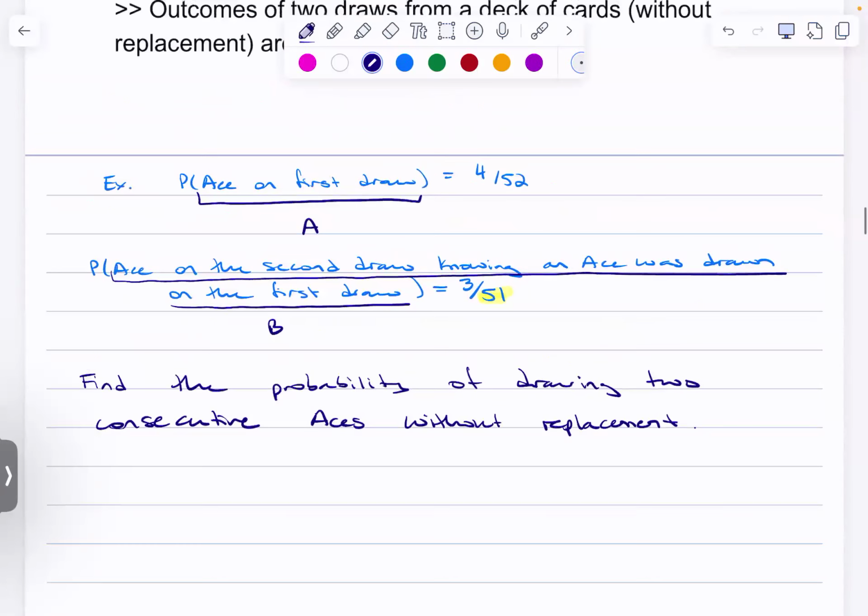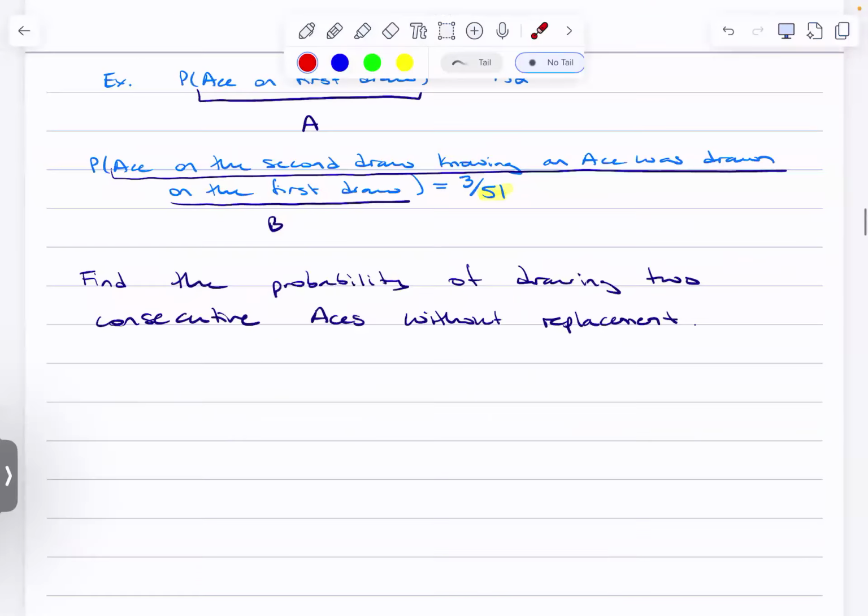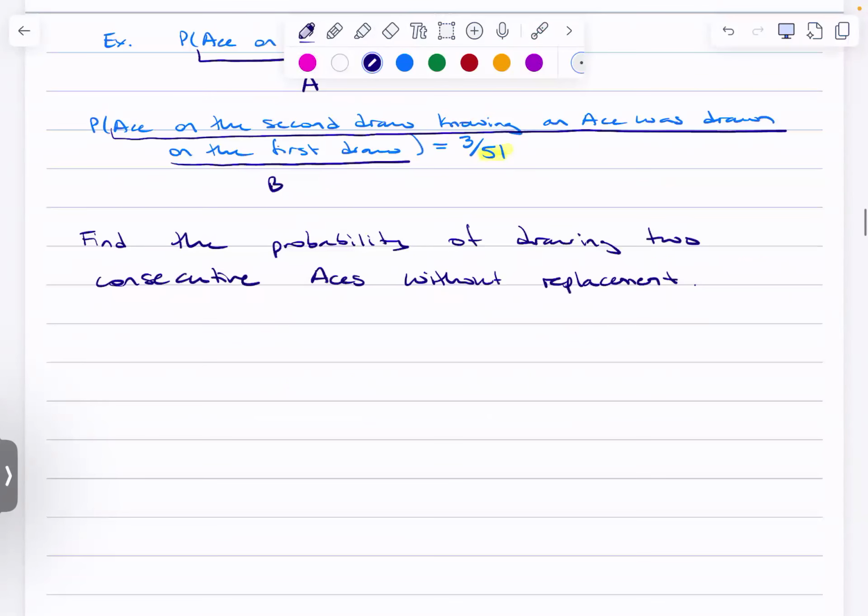Which is really saying, okay, you got an ace on your first draw, and then you got an ace on the second draw, knowing that you got an ace on the first draw. So how I like to solve these problems is I call them slots because that's kind of a fun way to think of them.